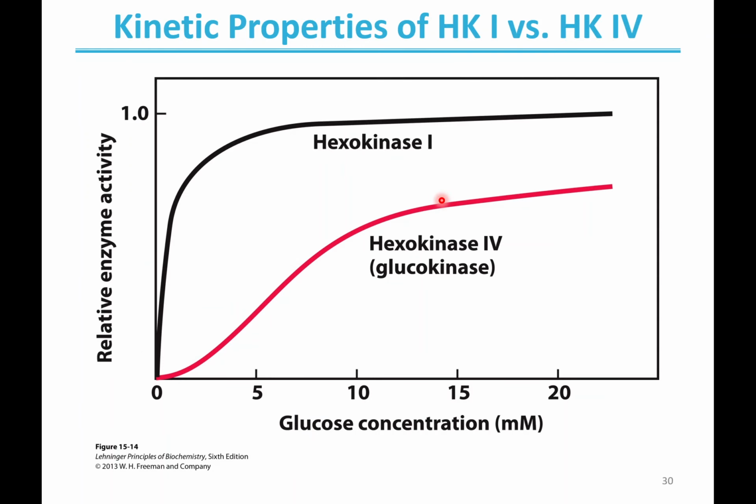And I should mention that these are relative enzyme activities here. So it looks like hexokinase 1 here is much higher in activity, but again, those are relative enzyme activities. So hexokinase 4, even at 10 millimolar glucose, isn't close to its highest activity yet.